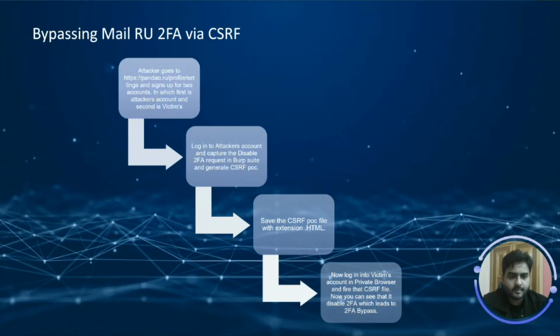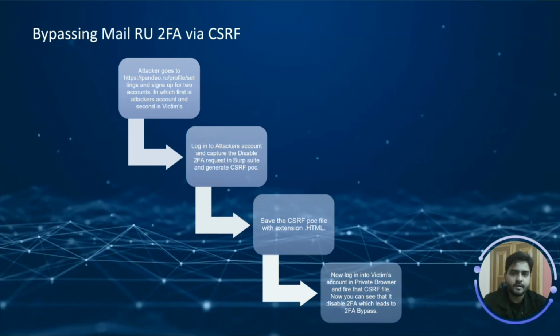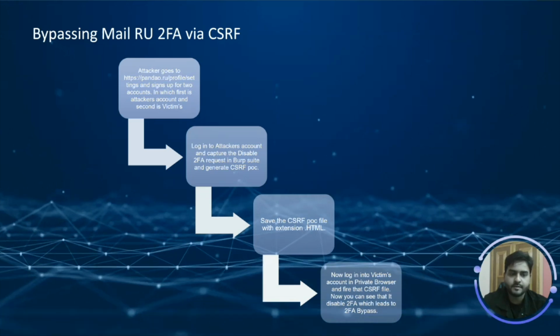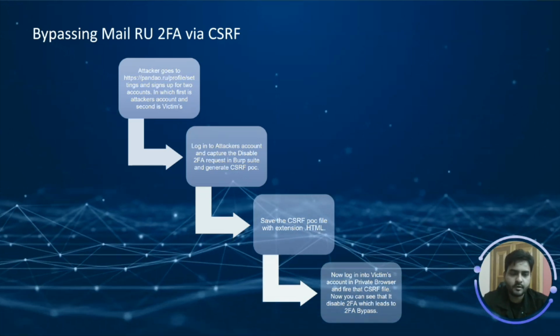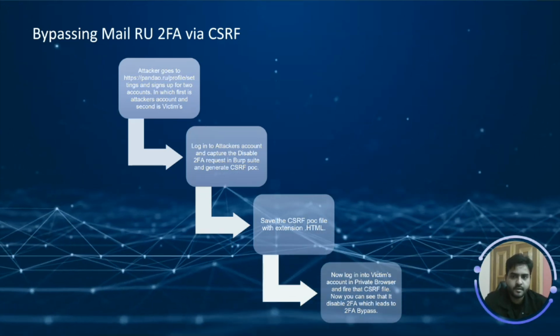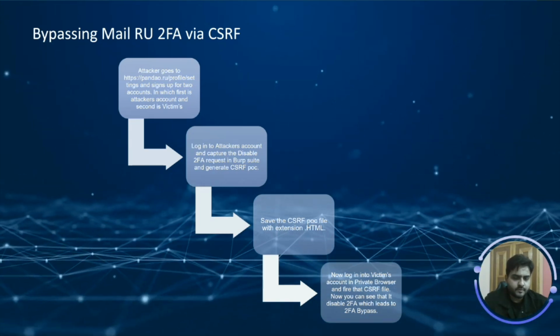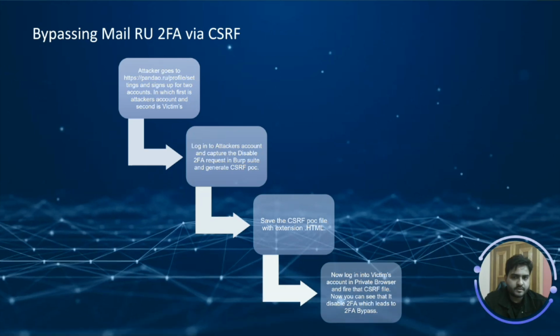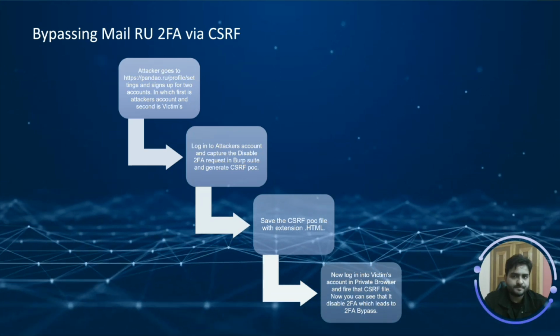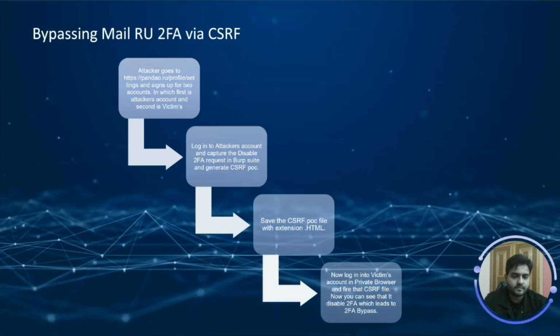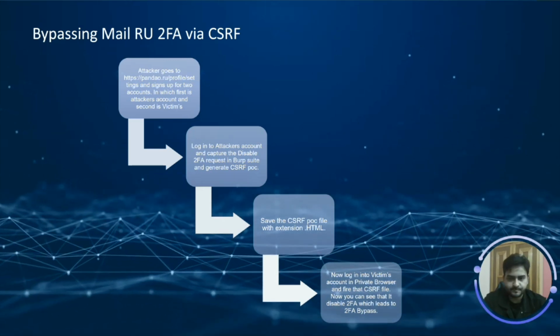Similarly, in this case, the website called MailRU had a website under its acquisition model called handout.ru, and this website was missing CSRF protection on its page where 2FA was to be disabled or enabled.